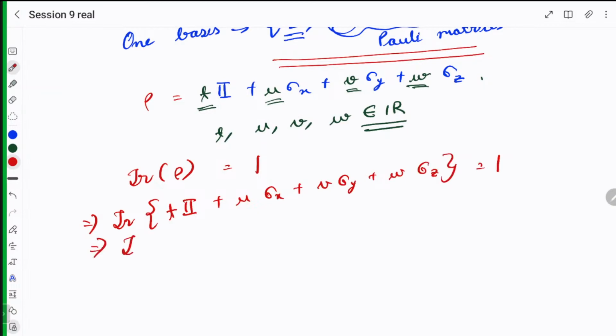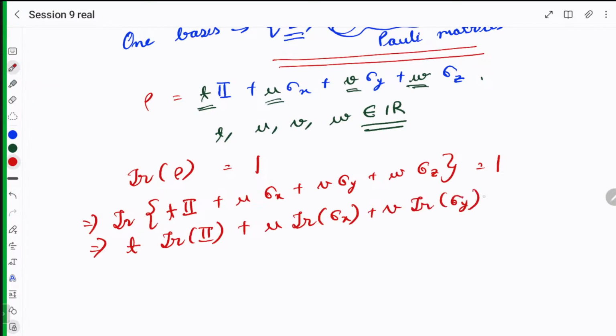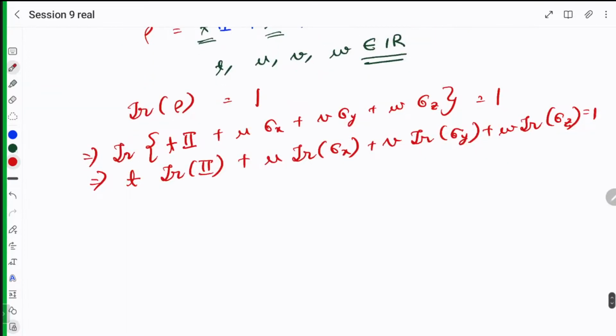As trace is linear, we can say T times trace of identity plus U times trace of sigma x plus V times trace of sigma y plus W times trace of sigma z equals 1. So we have to calculate trace of sigma x, sigma y, sigma z, and trace of I.